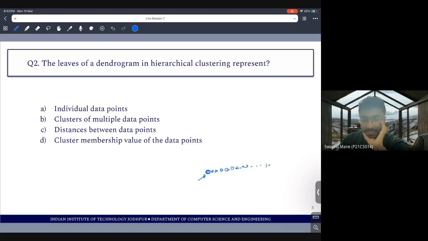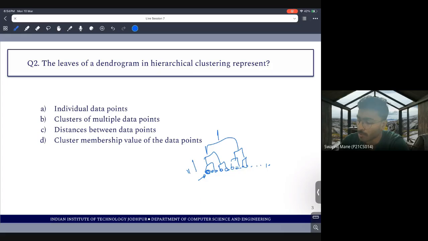If their distance is minimum, then we merge the two clusters. In the second iteration as well, we try to merge, till we get a single cluster. So this is the general process of hierarchical clustering.